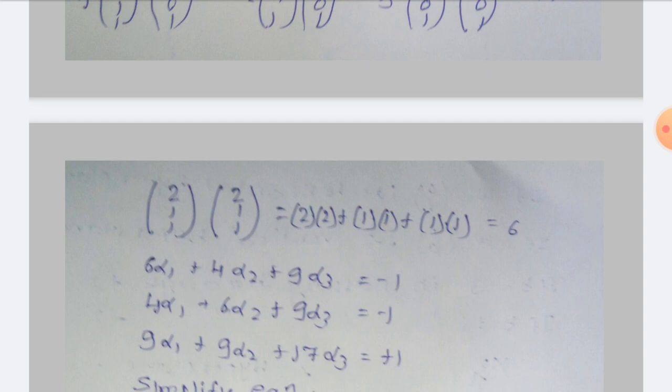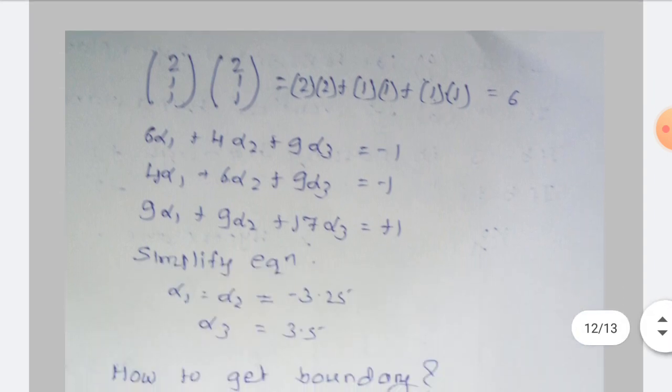Similarly, after solving, I am getting again three equations. The first equation is 6 alpha 1 plus 4 alpha 2 plus 9 alpha 3 equal to minus 1. The second equation is 4 alpha 1 plus 6 alpha 2 plus 9 alpha 3 equal to minus 1. And the third equation is 9 alpha 1 plus 9 alpha 2 plus 17 alpha 3 equal to plus 1.